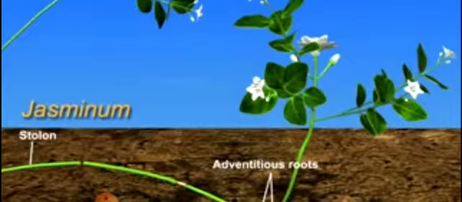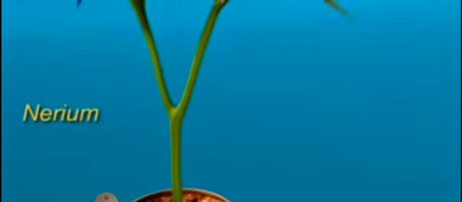Like we can see here, the stolon is giving rise to a new plantlet. An example is Jasminum, as depicted in the diagrammatic representation over here.